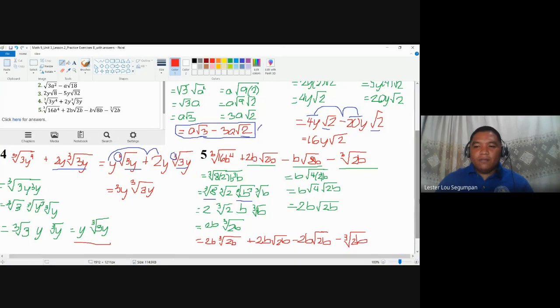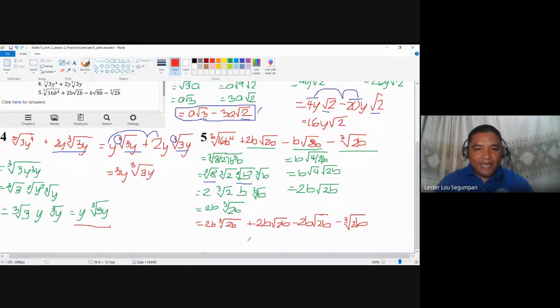So we can only combine those which can be combined. Again, they may look like they have the same radicands, but look at the indices. Okay, so let's use proper coloring here. What we can combine is the first term, cube root of 2b, and the last term. And we can also combine the second, square root of 2b, and this.